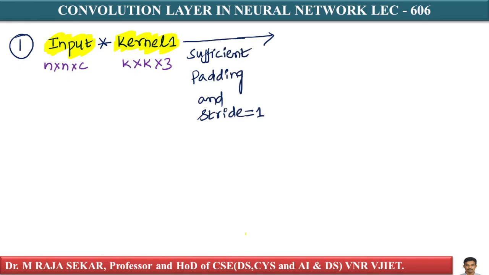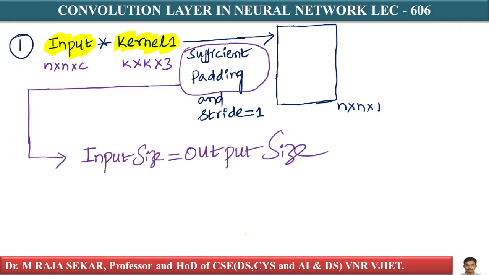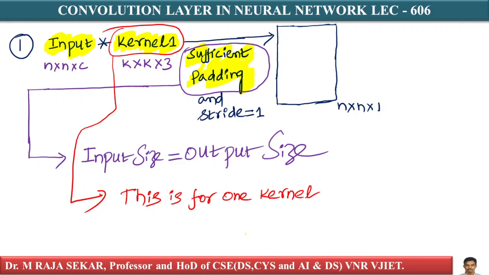You get an image of size N cross N, because you are padding sufficiently so that your input and output are of the same size, and it is just one image. So you basically get a matrix. This is just one kernel, kernel 1.